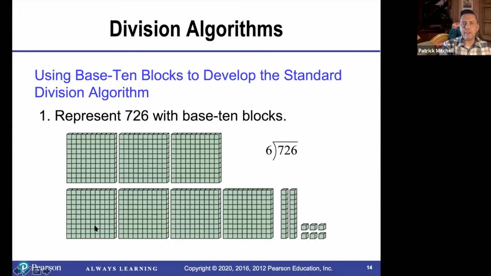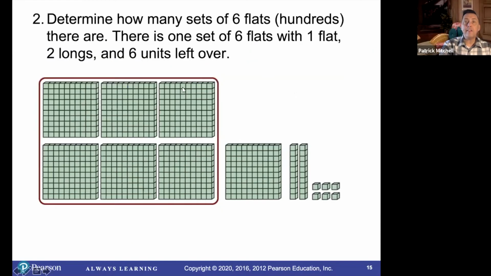I have 7 flats, 2 longs, and 6 units, and I want to divide that by 6. The first thing I notice is that I have a set of 6 flats, so I can group those together. That leaves me with 1 flat, 2 longs, and 6 units, which represents 126.